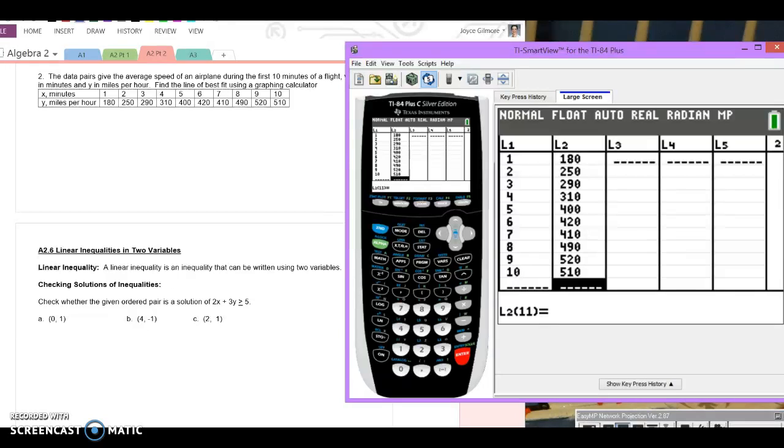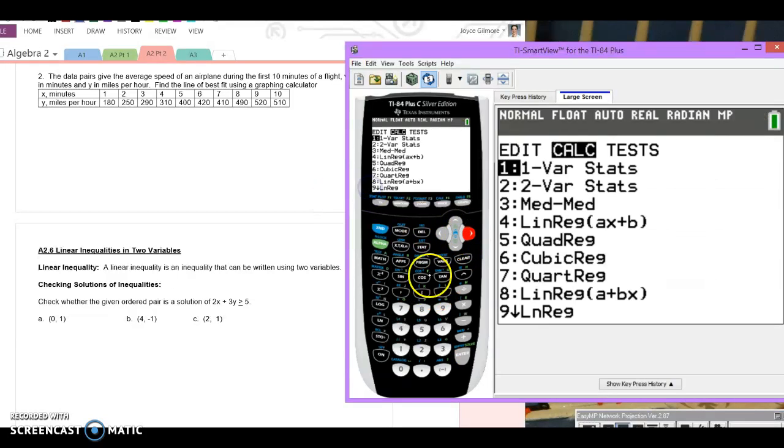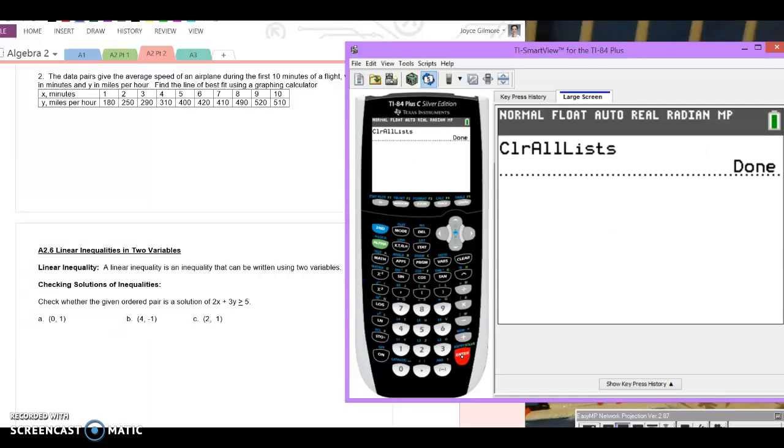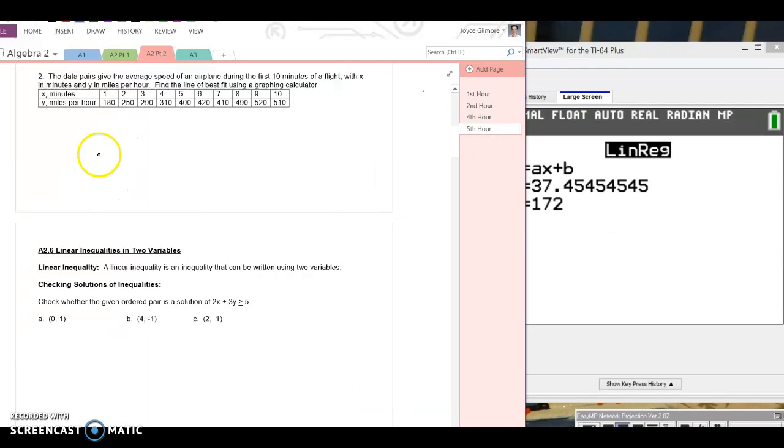How do we get the line of best fit? Stat, calc, 4, down, down, down, enter. Our equation is y equals 37.45x plus 172.